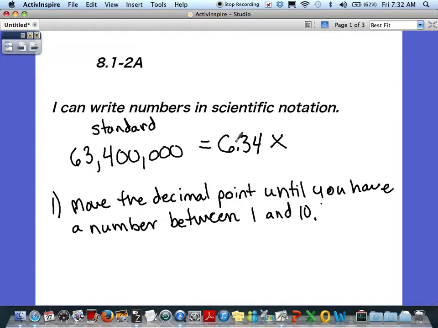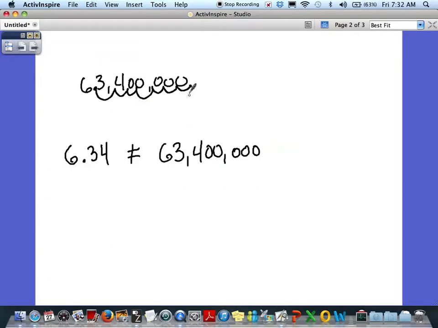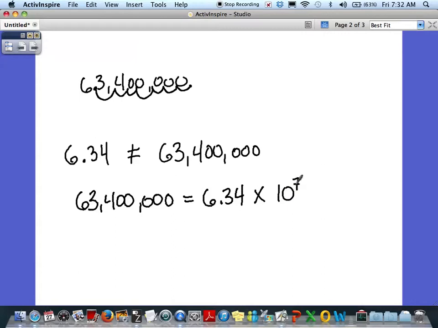We have to multiply this 6.34 by something to make it mean the same thing as what we've got over here. The way to do that is to decide how many places I had to move the decimal point. I moved it 7 times. So that means this number, 63,400,000, would equal 6.34 times 10 to the 7th power.